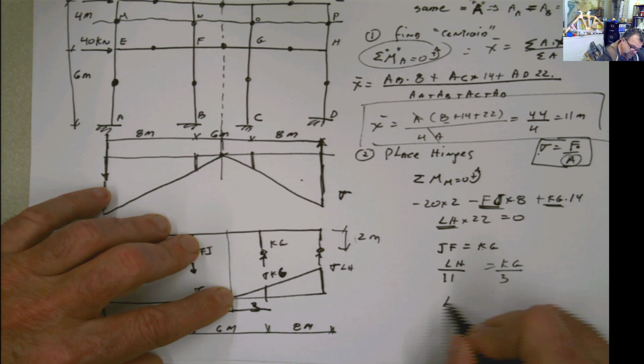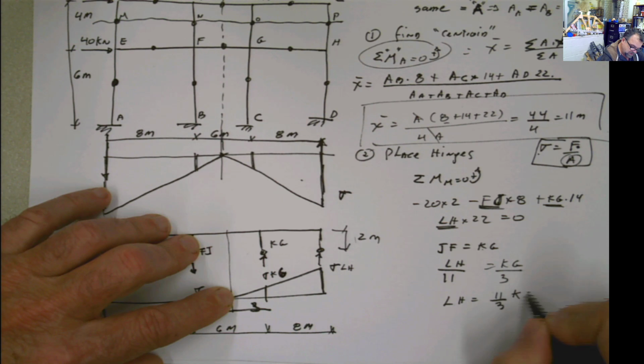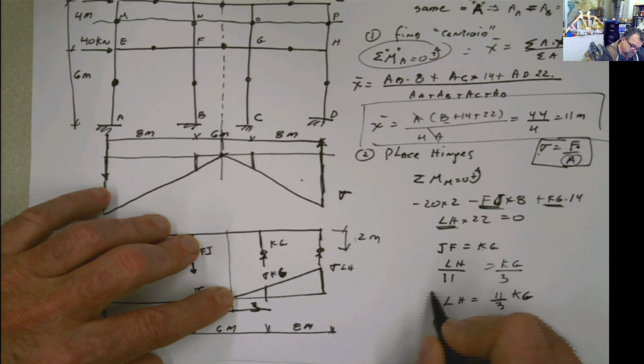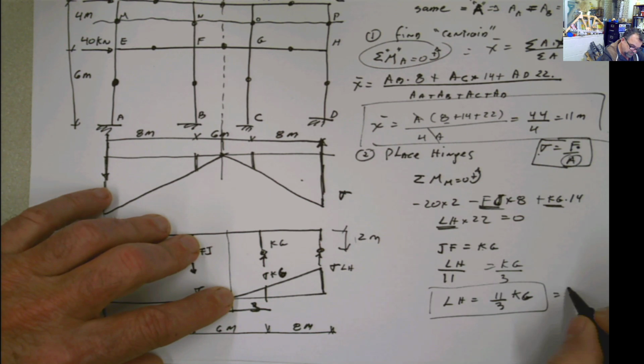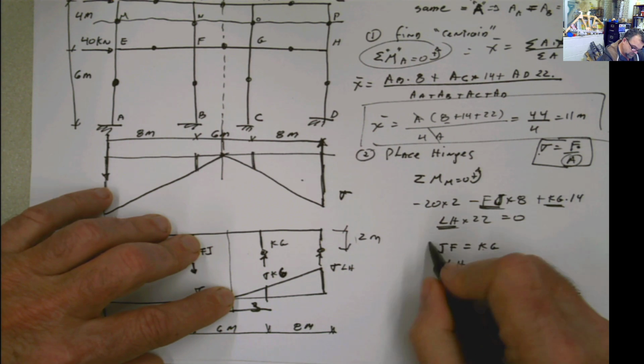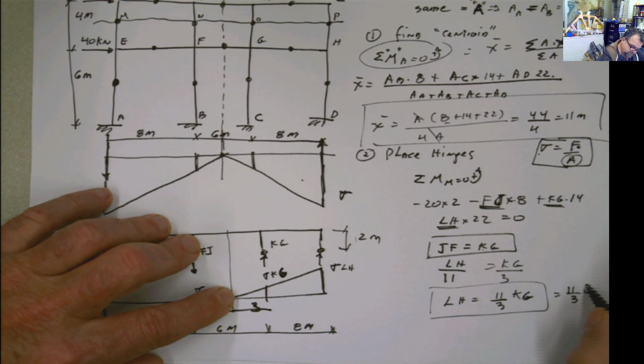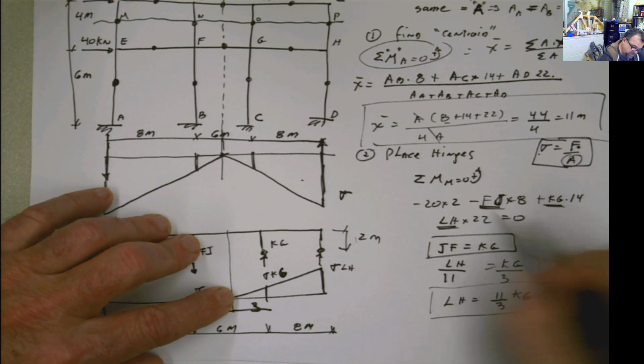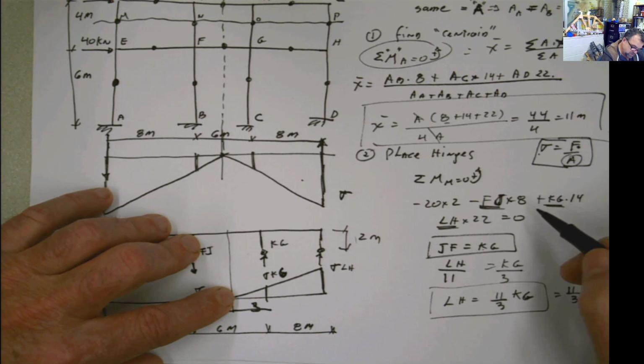So I can say that LH is 11 divided by 3 KG, which is also 11 divided by 3 JF. And now we can put everything in this equation here.